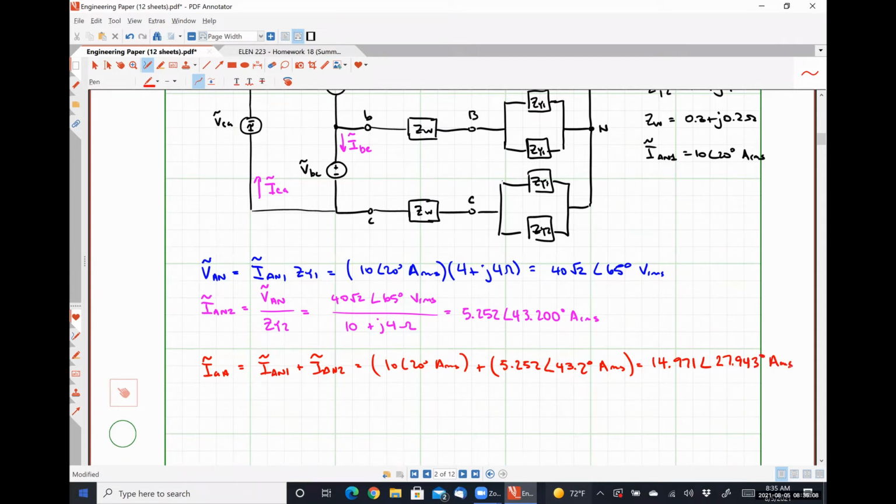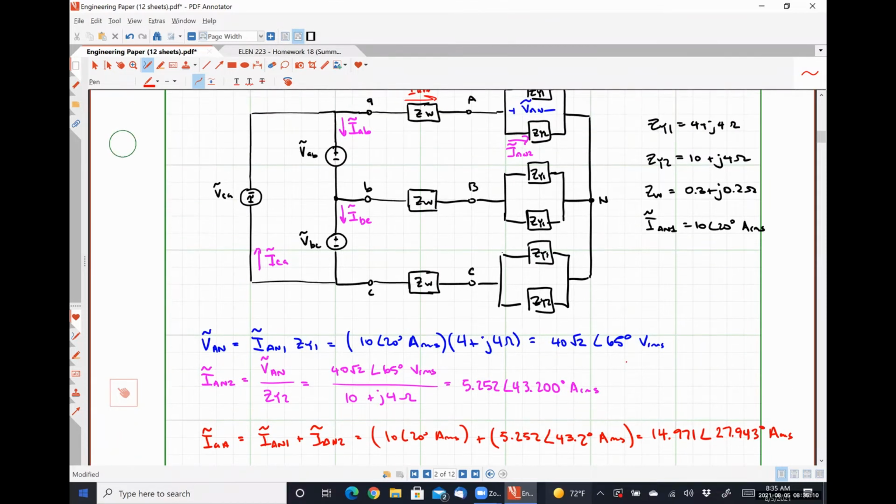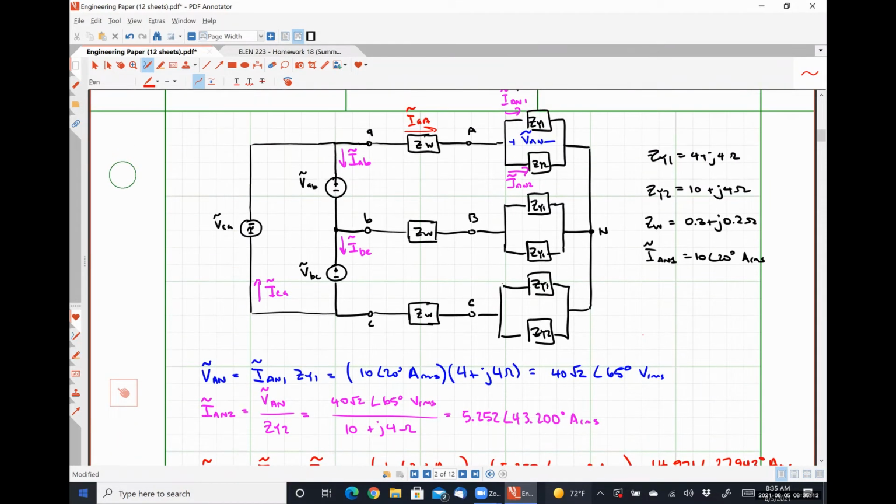And now I'm going to have to apply Kirchhoff's current law up here, right? So I'm going to apply KCL at this node that I've just circled in red. So I know that IAA, my line current, is leaving.